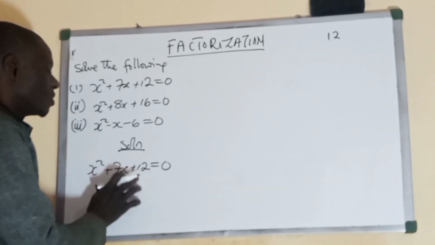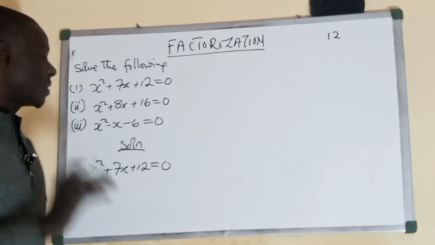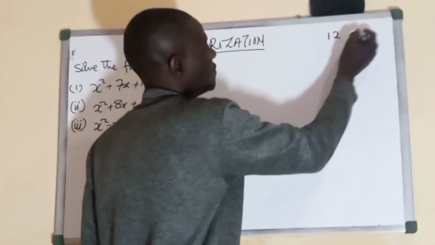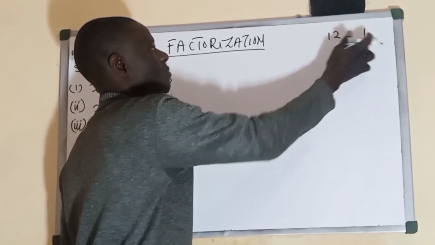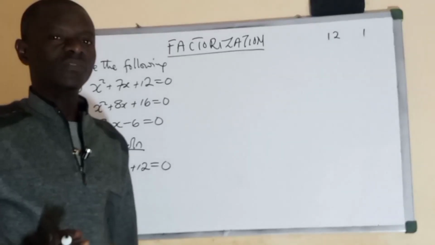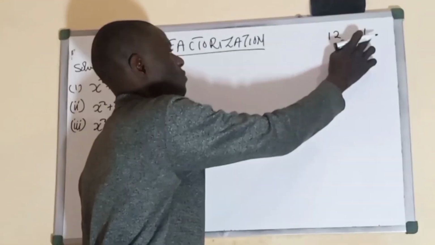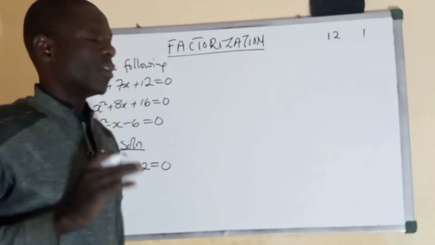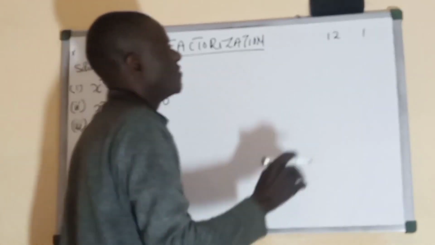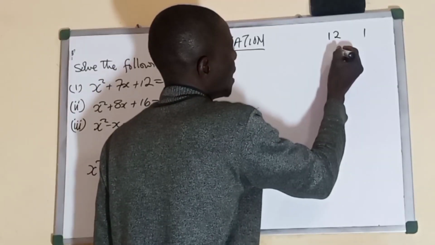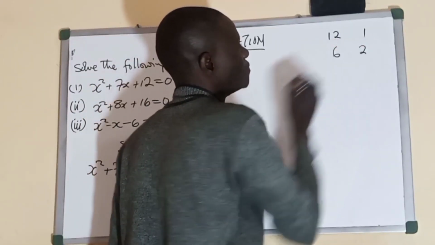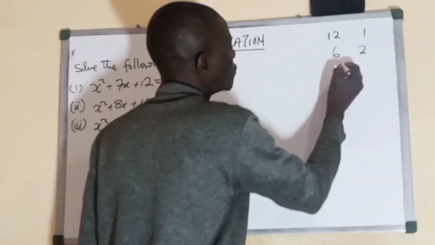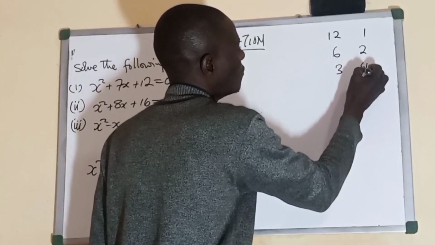Those numbers will be what? The factors of 12. The factors of 12, we have 12 and 1. If you multiply 12 and 1, you are going to have 12. But if you add 12 and 1, they will not give you 7, they will give you 13. I hope we are following. What are the remaining factors? The remaining factors we have are 6 and 2, and we also have 3 and 4.